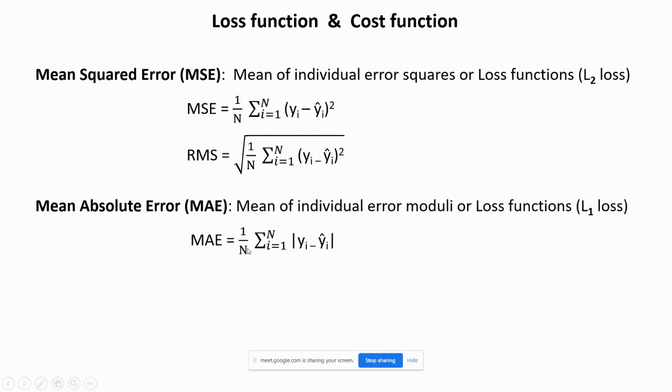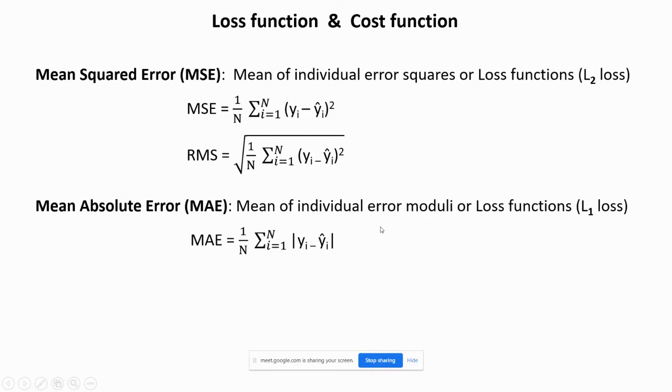That is your mean absolute error. To reiterate, it is the summation of your L1 loss function. If you take a summation of your L2 loss function, it is the mean squared error. And the RMS value is associated with your mean squared error; it is nothing but the square root of your mean squared error. Okay, so far so good. You understand these cost functions?